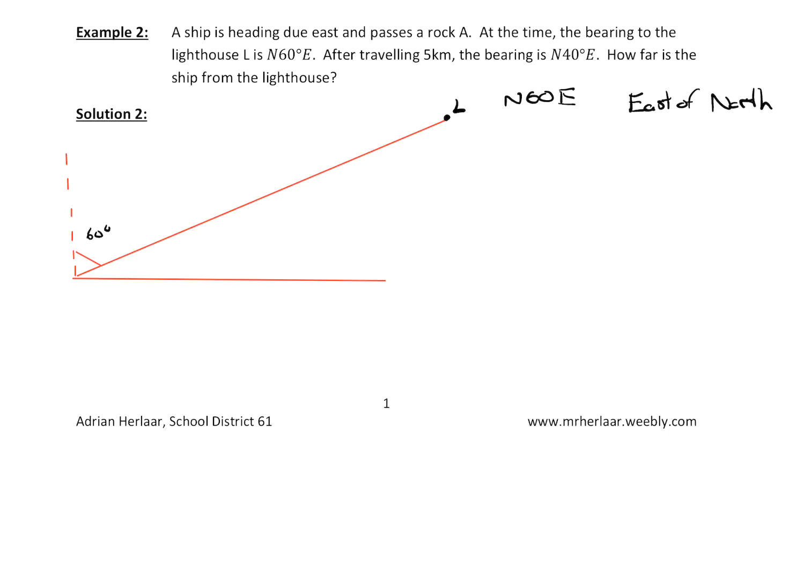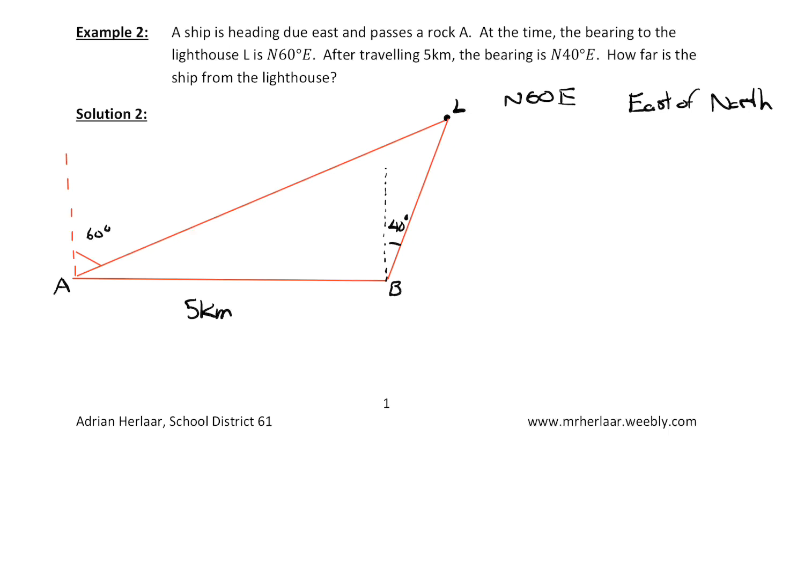After traveling 5 kilometers, the bearing is now north 40 east. So that means the ship has traveled from point A, the rock, to point B, and that's 5 kilometers. And the bearing now is 40 degrees. So draw a north perpendicular, and the bearing now is 40 degrees east. So that's 40. That's 40 degrees.